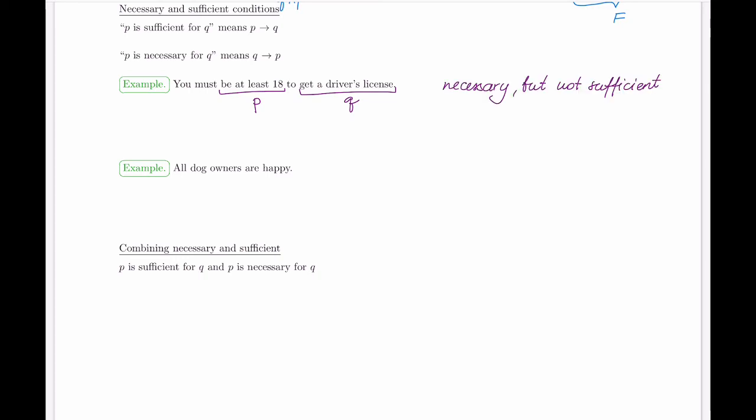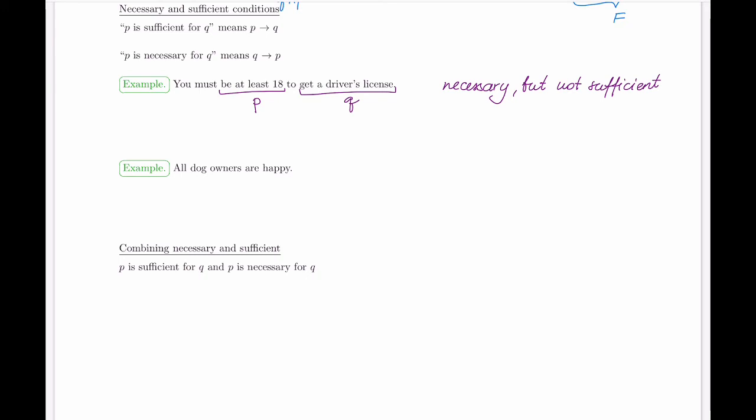Why is that the case? In order to get a driver's license, it is an absolutely necessary condition that you are of the right age. But just because you're 18 does not guarantee that you will immediately get a driver's license. So the age factor is not sufficient for the obtaining of the driver's license.